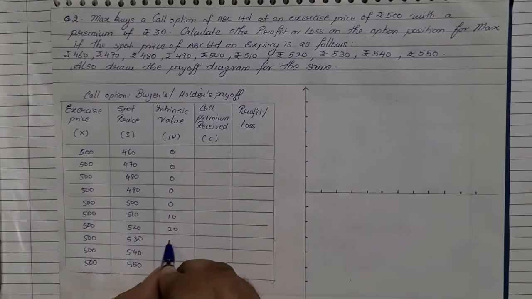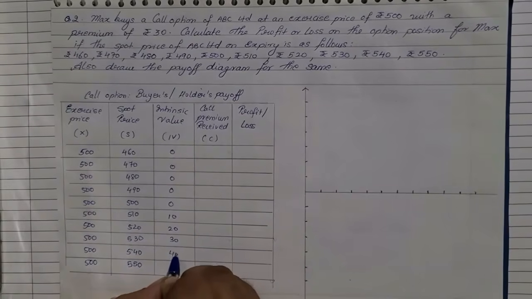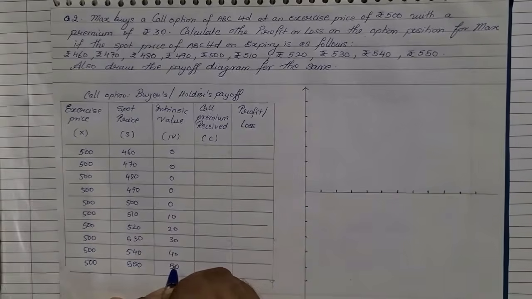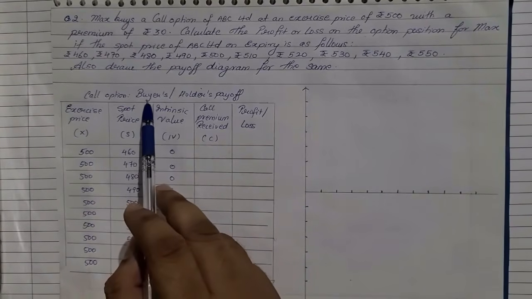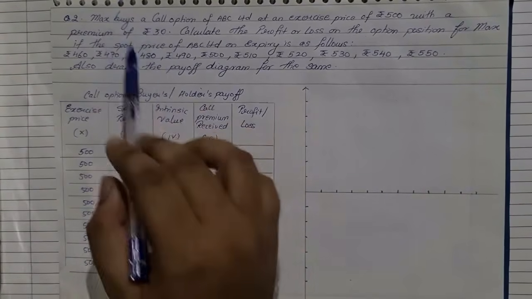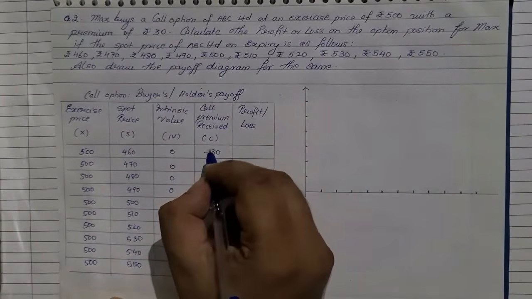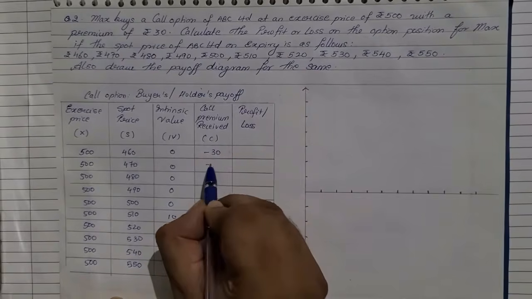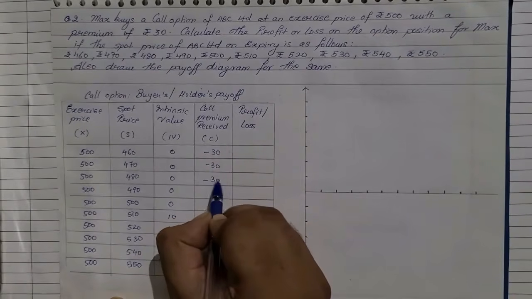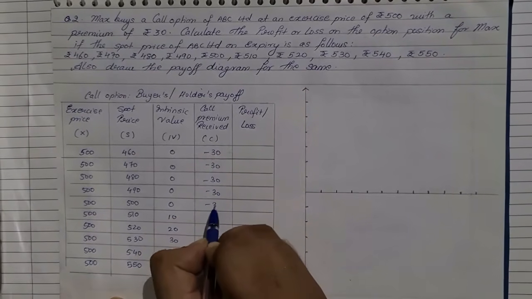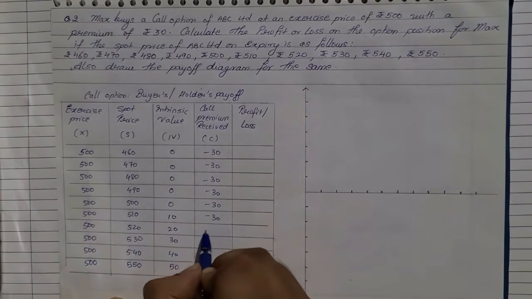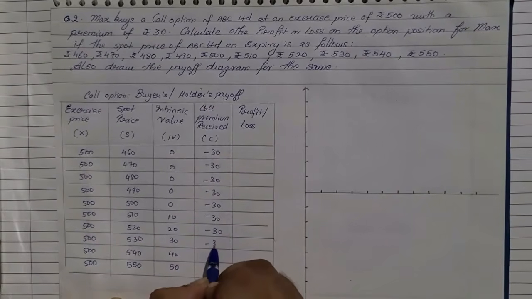Next it will become 20, then the difference is 30, 40 and 50. Since there is a buy call, the premium value in this case will be negative, and the value is 30. So for all the cases, the premium value will be negative 30.